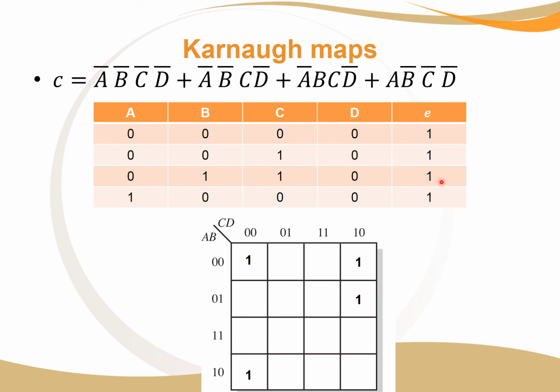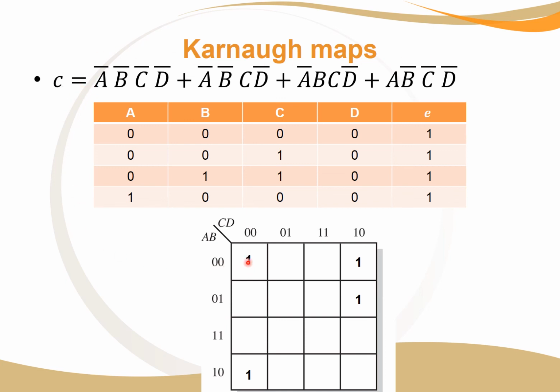And for the next one we have A naught, B, C, and D naught. And now we have A, B naught, C naught, D naught, which is also 1. For all the zeros, we don't write them down. So this is the equation we have, and from there we go to our Karnaugh map.